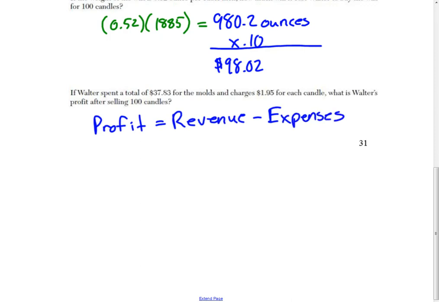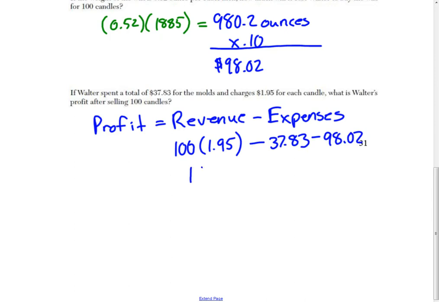So his profit would be, if he has 100 candles times $1.95, his revenue, the amount of money that he brings in, minus what he spent for the molds, $37.83, minus how much it cost for the wax.